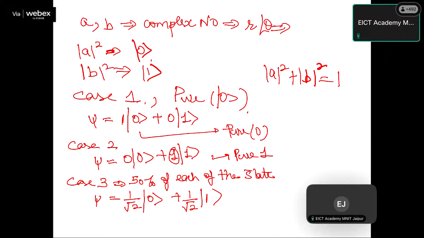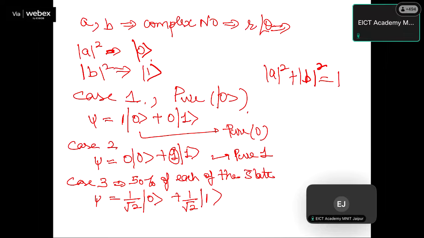Do you remember the probability of having the bit 0 is A squared, that is 1 by 2, that is 50%. Similarly, the probability of having the next higher energy level in the state is mod B whole squared, that is 1 by under root 2 whole squared, that is 1 by 2, equal to 50%.